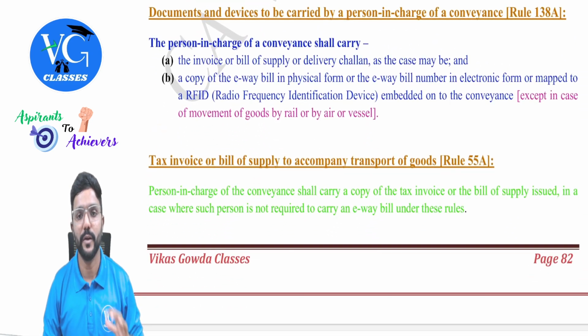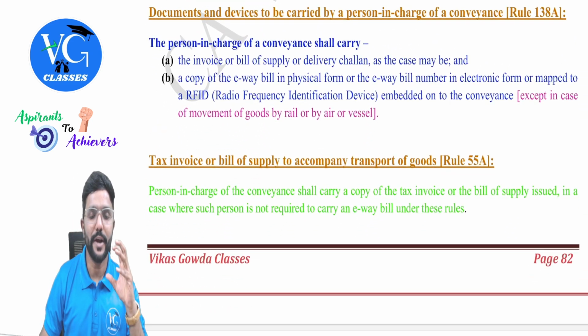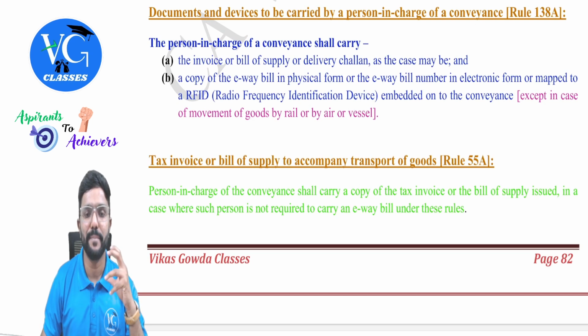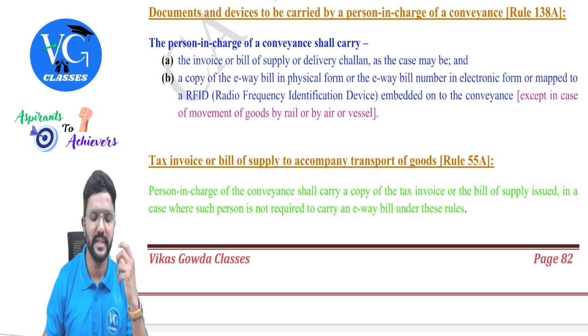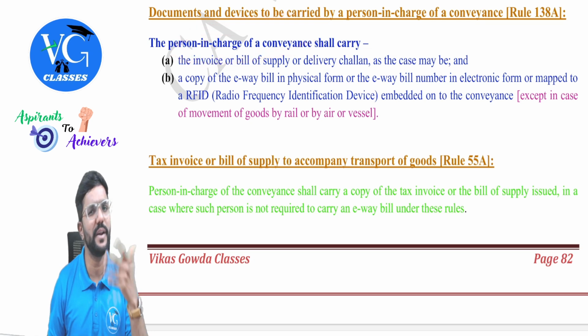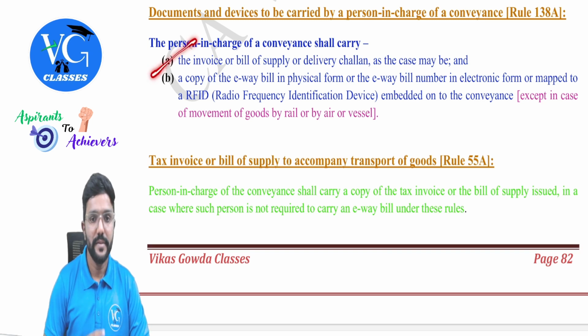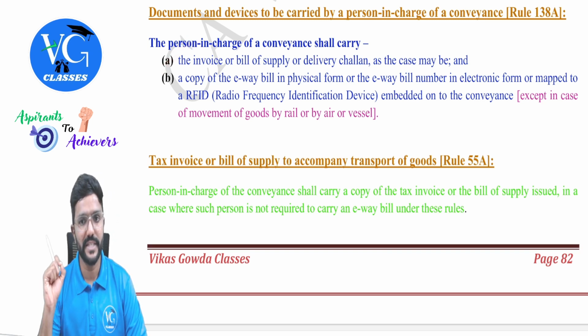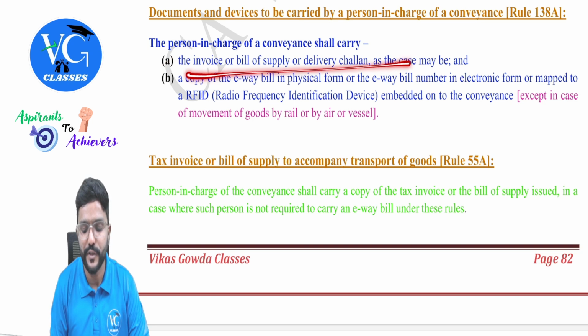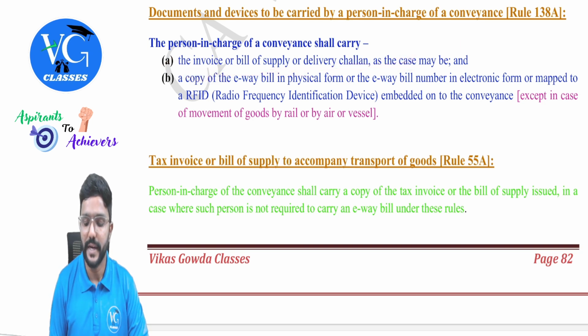Then rule 138A: documents and devices to be carried by a person in charge of conveyance. That is the transporter. The person in charge of conveyance shall carry, the person in charge being the transporter or even the driver, the invoice or bill of supply or delivery challan, as the case may be, meaning any one of these documents.